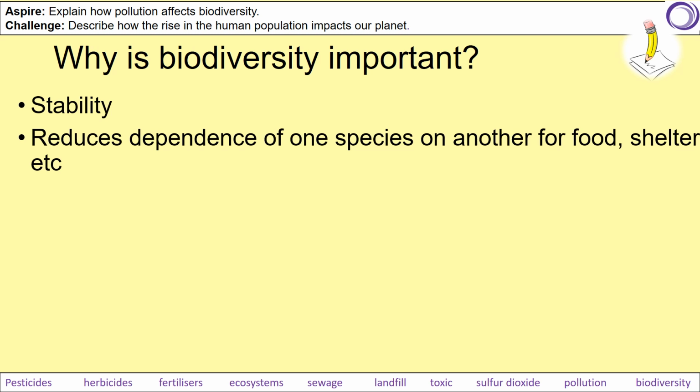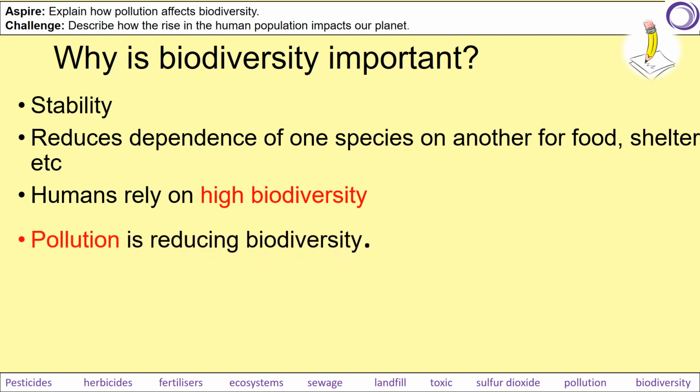It also reduces the dependence of one species on another for things like food or shelter. We as humans rely on high biodiversity to survive. But as we all know, pollution is reducing biodiversity. Not good news for our planet, nor for us.